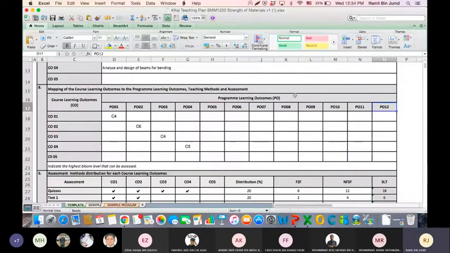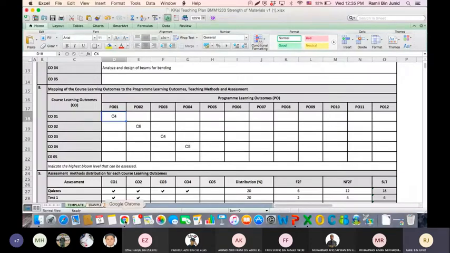Throughout 4 years in UNP, you have to take a sufficient amount of subjects, and each subject has its own course outcomes, and each course outcome is connected to its own program outcome.